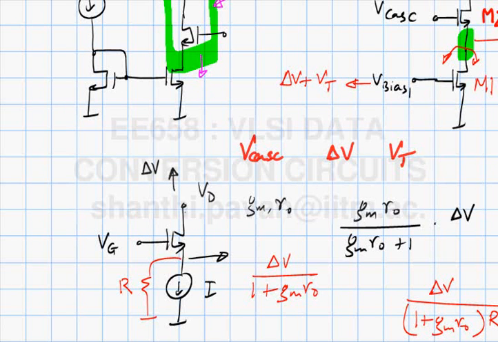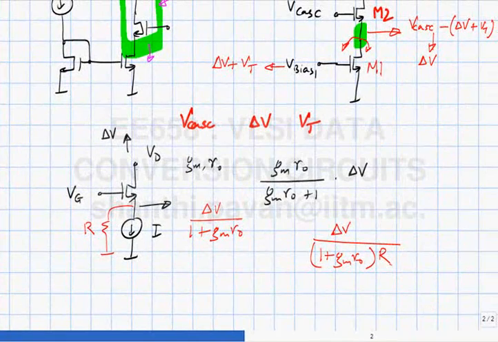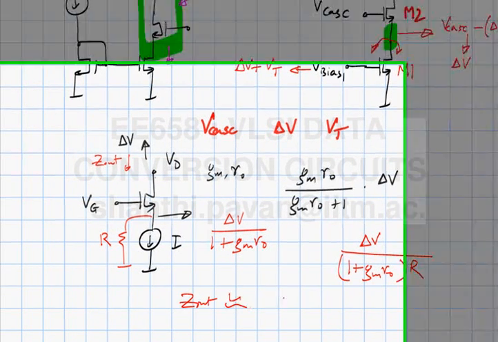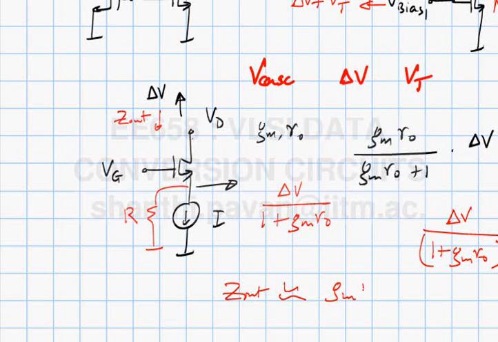So if I yank this up by delta V, the change in current is delta V divided by 1 plus gmro times R, which basically means that the equivalent output impedance is approximately gmro times R.